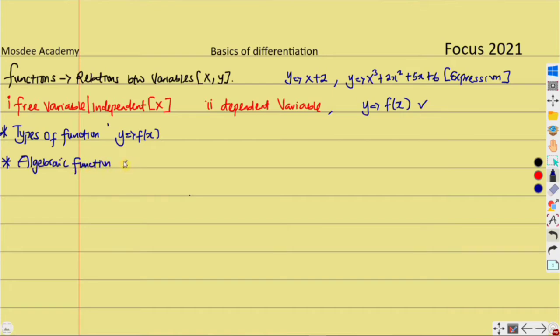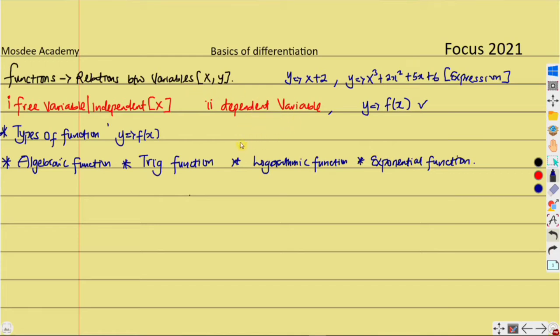We have another function we call trigonometric, or let me just say, trig functions. Another type of function which is important is the logarithmic function. And the last type of function, which is very important in physics, is the exponential function.